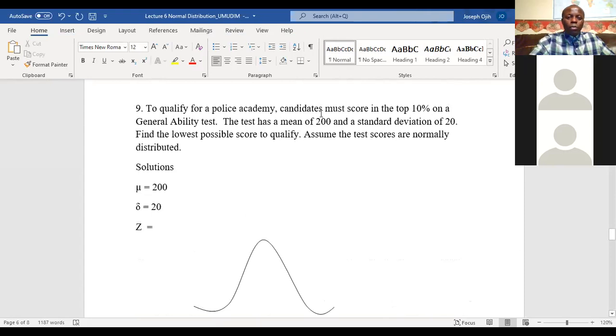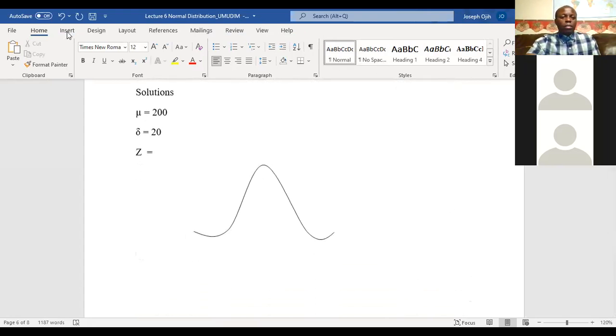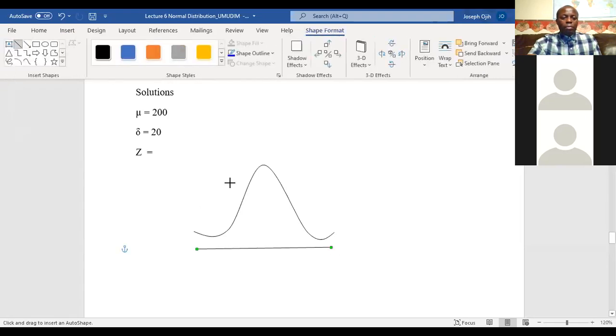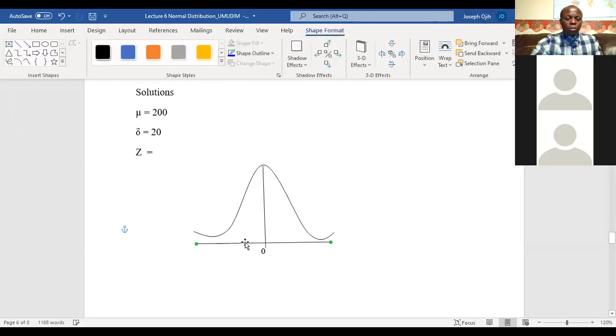That means to qualify, you need to score in the top 10%, so 90% and above is the top 10%. I'm going to make this chart here and put a center line, which is 0. I'll move this up a little bit.